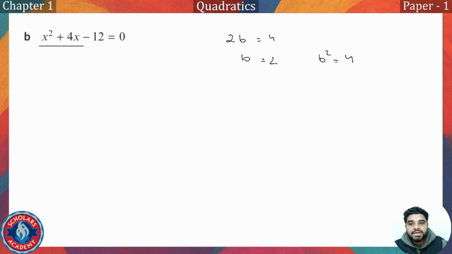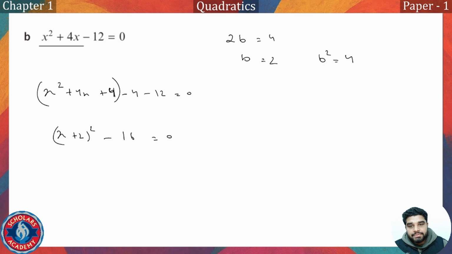We'll add and subtract 4. We get x square plus 4x plus 4 minus 4 minus 12 is equal to 0, right? So we'll complete our square over here. We get (x plus 2) whole square minus 16 is equal to 0.